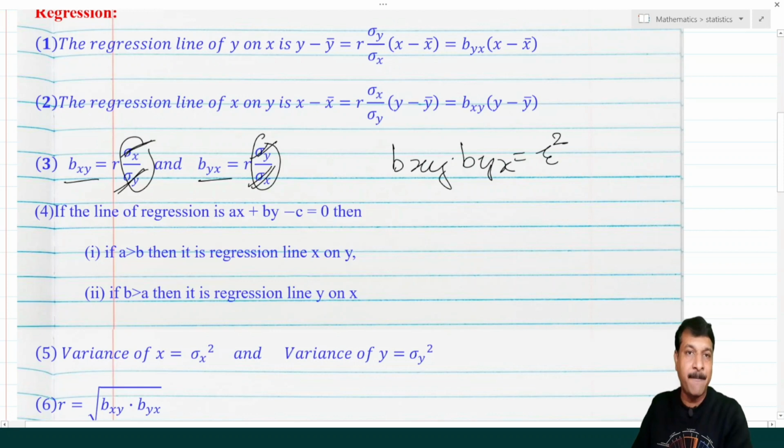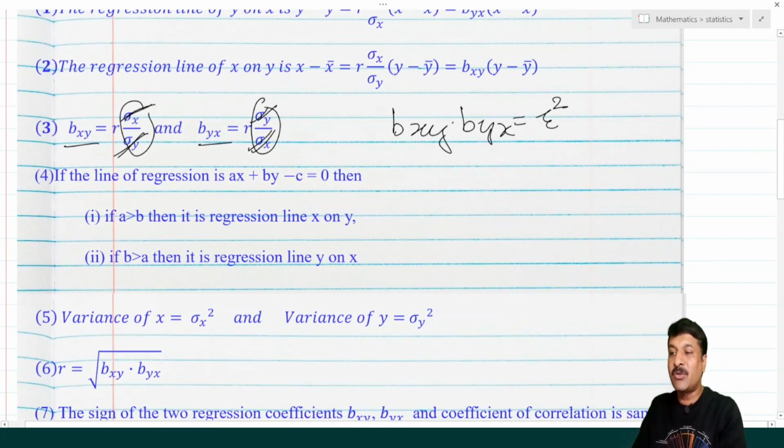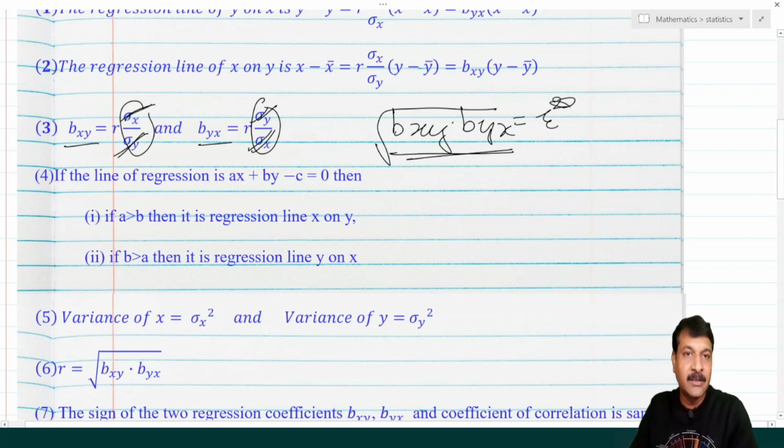So I am getting r square, and that is why r equal to under root of bxy into byx. Note that it is under root, and if it is a valid answer, it should be positive. Whenever the product is positive, because we are taking under root of that, that is nothing but r. So that is why whatever the sign of bxy, the same sign for byx.